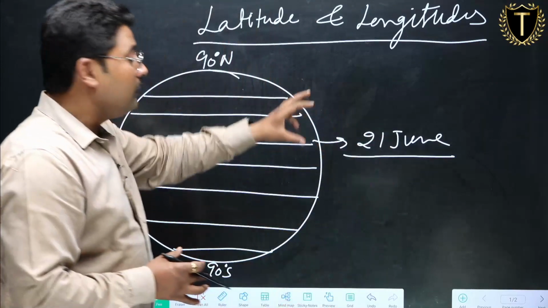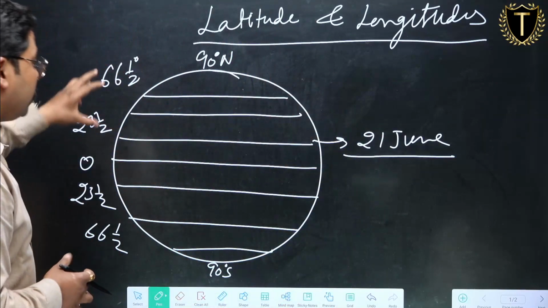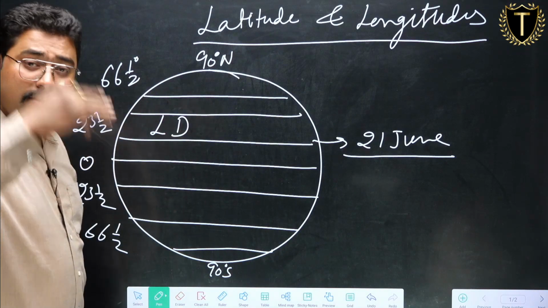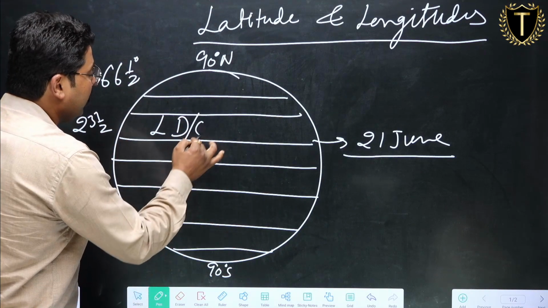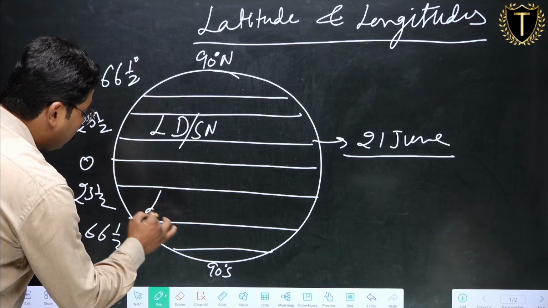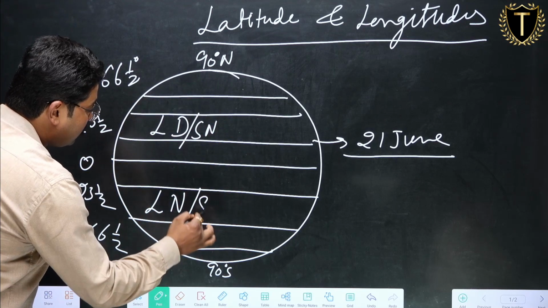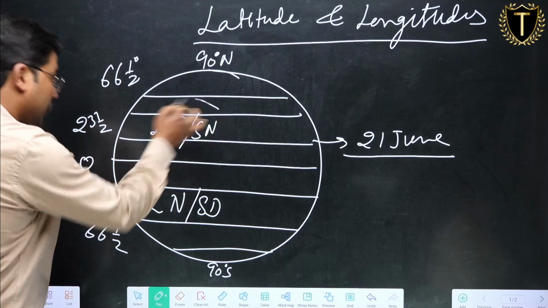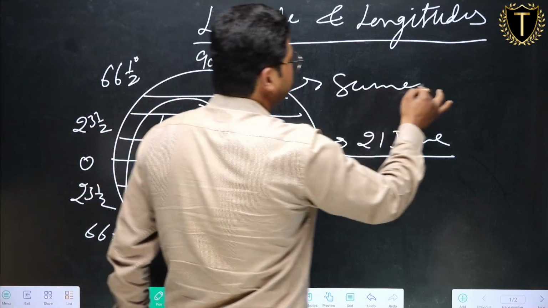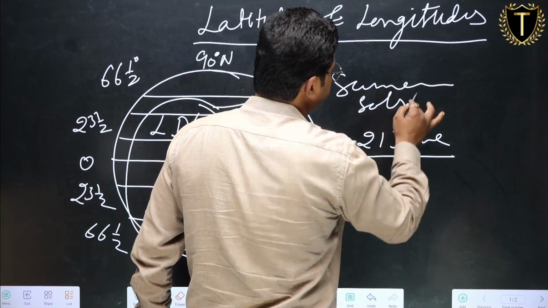And when the sun is here, the northern hemisphere will experience the longest day and shortest night, and in the southern hemisphere it will be the longest night and shortest day. The whole event is considered as summer solstice.